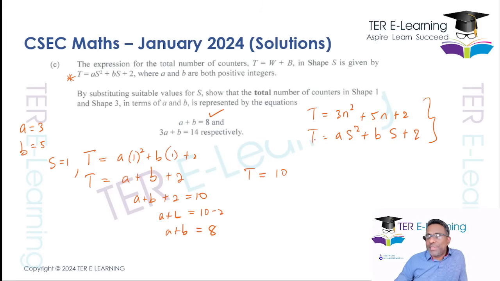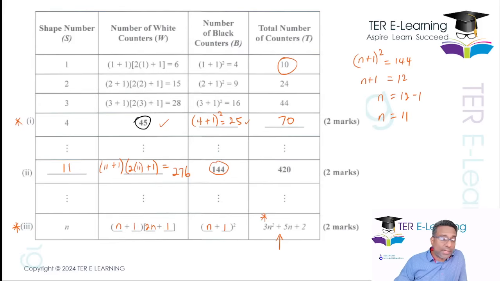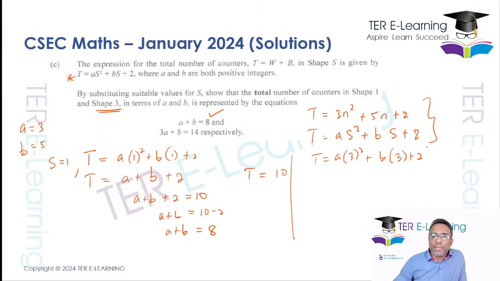Now we have to do the same thing, but we have to substitute shape 3 now, right? So if I substitute in shape 3, T is equal to A times 3 squared plus B times 3 plus 2. And let's see, according to our figure here, that's equal to 24, right?